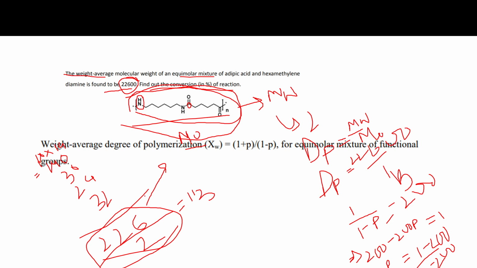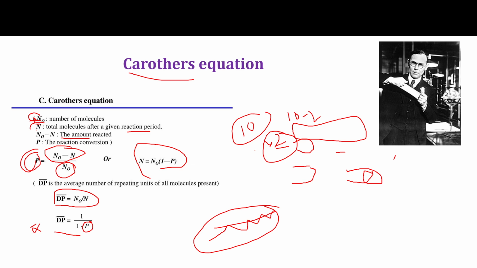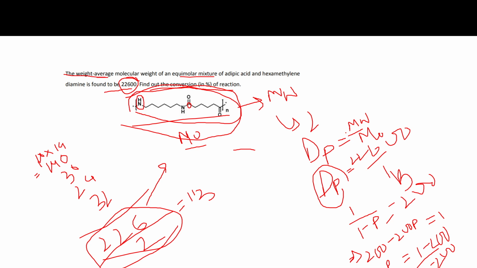So now we calculated the degree of polymerization, but here it says that we have to calculate the weight average degree of polymerization. Now if you calculate that xw, with the equation I have already told, xw bar will be 1 plus p by 1 minus p. So xw bar, already 200 we know.